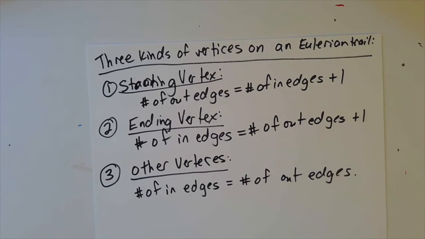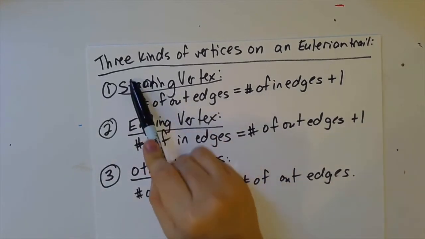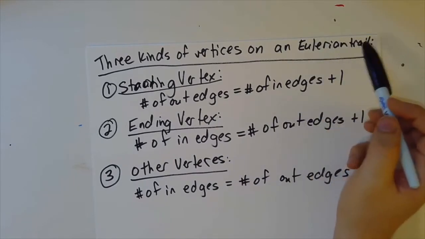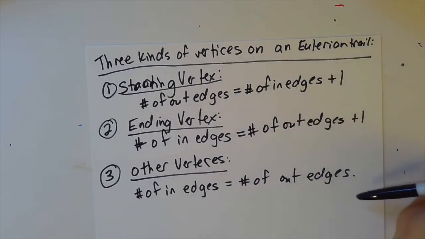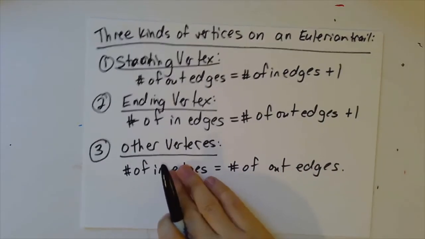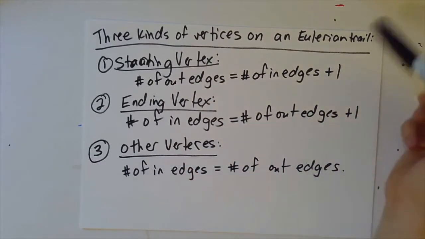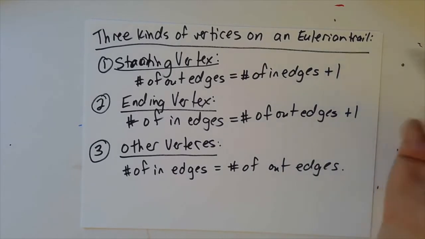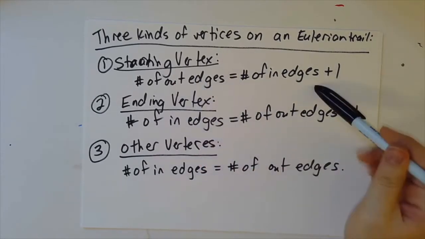Okay, and I up here labeled that this is true for any Eulerian trail. This is actually true for any trail at all, that everything breaks down into one of these three cases. The only thing that's special on an Eulerian trail is that then every edge is used, so every edge is an out edge or an in edge.